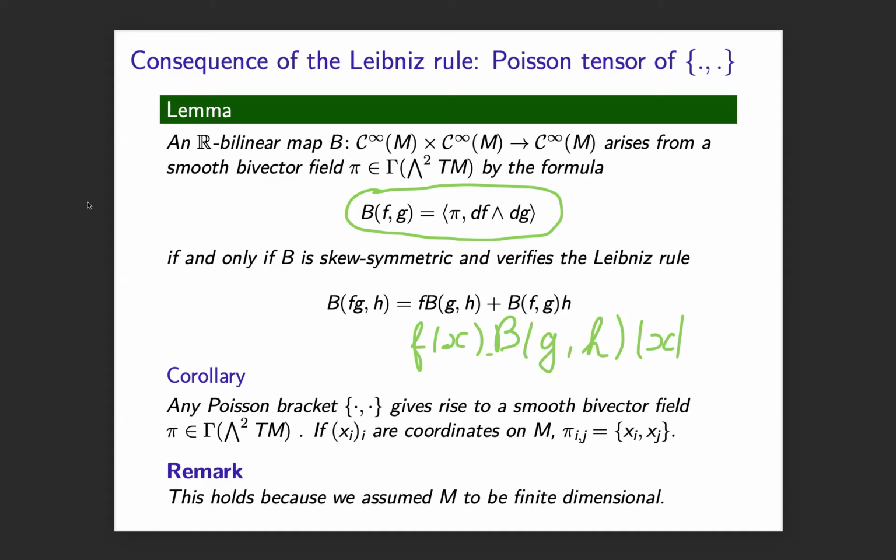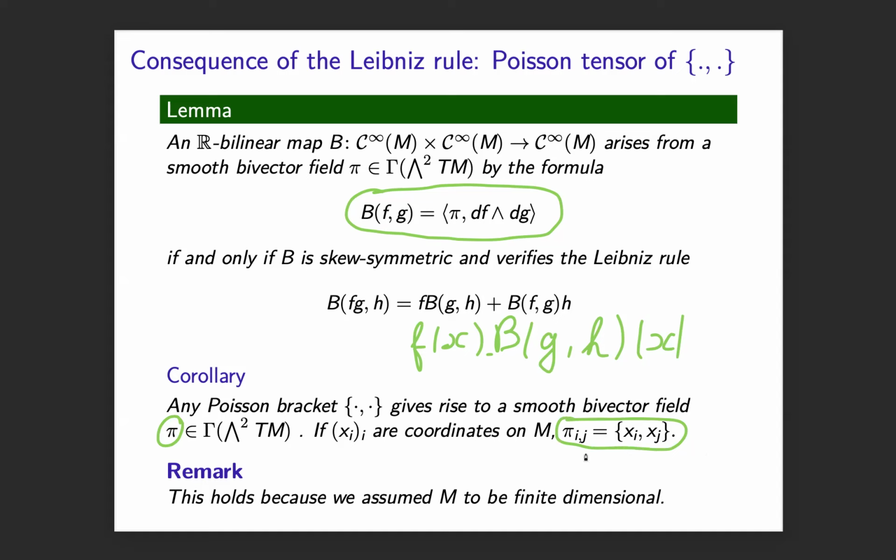So that was for the Leibniz rule. Keep in mind that every time you have a Poisson bracket, you have a bivector field pi, and you pass from the Poisson bracket to the bivector field in coordinates using this relation that I just encircled.